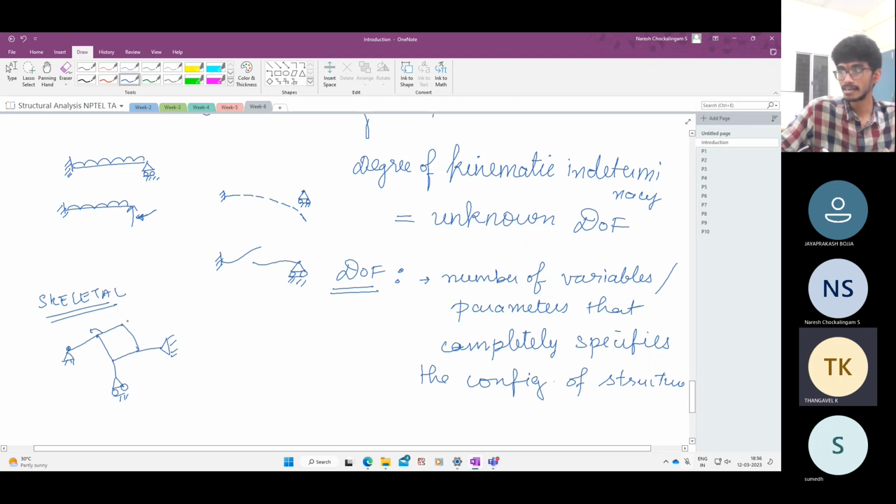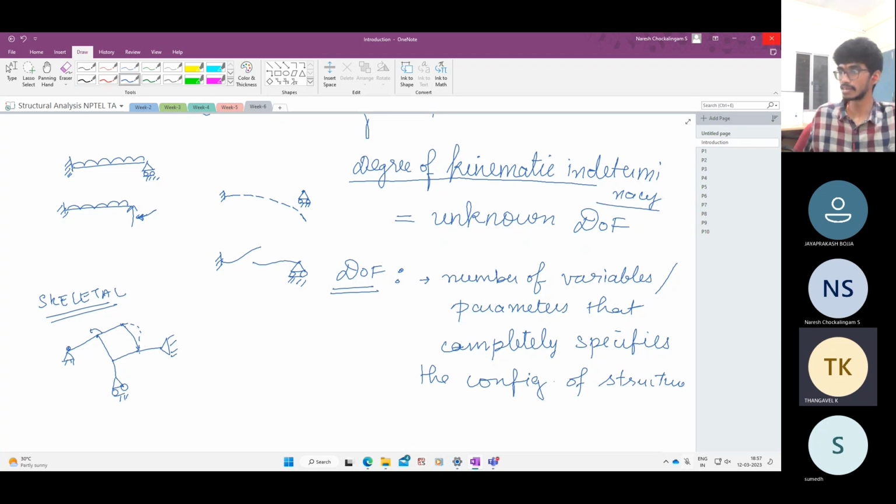So if you know the displacements and rotations at the nodes, you can determine the entire displacement field of the member in between the nodes, provided the loads are applied and it is in equilibrium. So in skeletal structures, the number of unconstrained or unknown degrees of freedom we call the degree of kinematic indeterminacy.